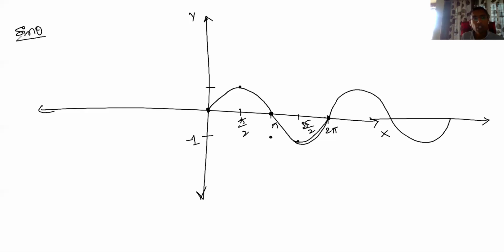This is the graph of sine theta. So 0 to 2 pi, whatever values you get, you will get the same values in 2 pi to 4 pi. That means 0 to 2 pi, whatever graph you have, 2 pi to 4 pi you will have the same graph.